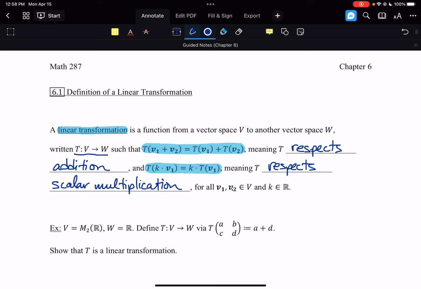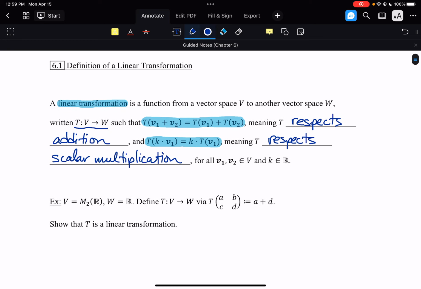This is for all vectors in V and for all real numbers K. So to show that a transformation is a linear transformation, we need to prove that these two properties hold. For a given transformation, we need to show that it respects addition and it respects scalar multiplication. If it satisfies both of these conditions, then it is what we call a linear transformation.